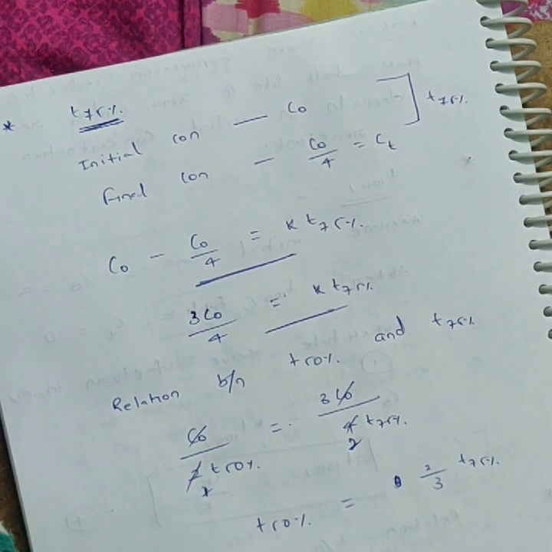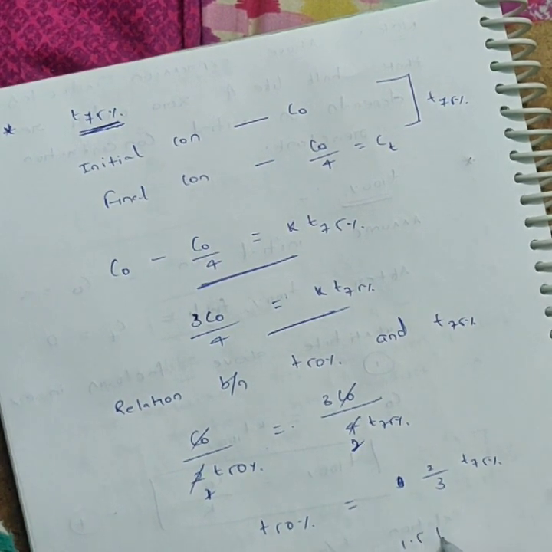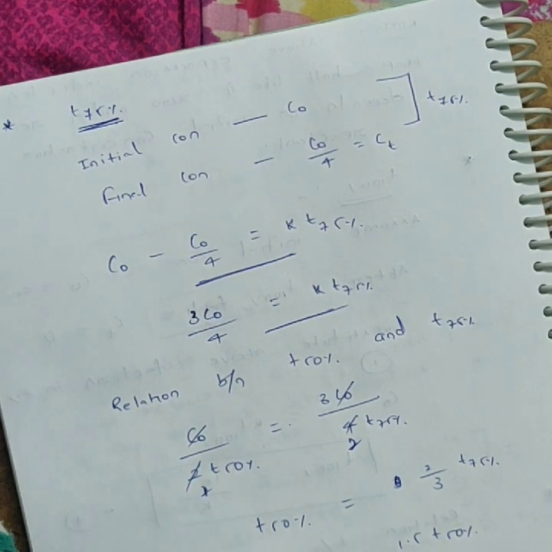So t 75% is equal to 1.5 times the t 50%.